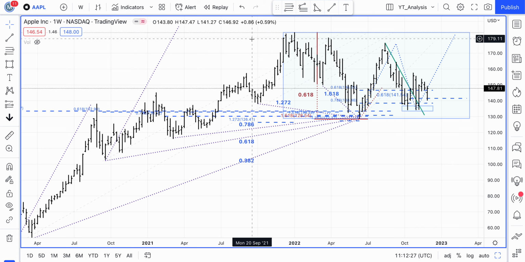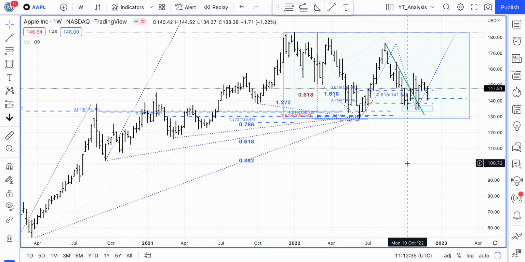And in fact that did happen, and the price has been in this kind of range for quite a while now, since the beginning of the year. So this is what we are looking at on the weekly chart.